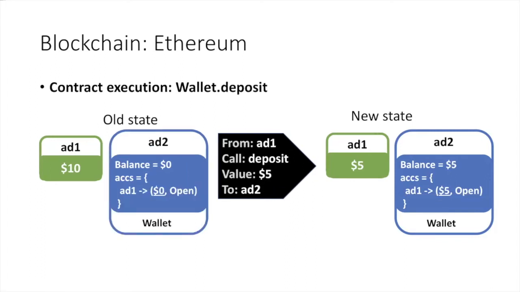And just to bring this home, we could also have a transaction that would deposit some money from address 1 inside address 2. You can see here that we're depositing 5 coins. So address 1 now has a balance of only 5. Address 2 has a balance of 5 because 5 coins were deposited in. And now this mapping has been updated to reflect the fact that address 1 has deposited 5 coins inside the wallet.